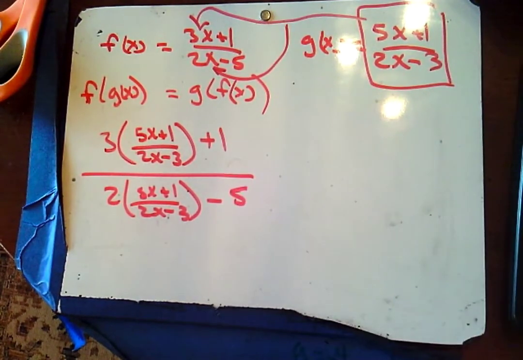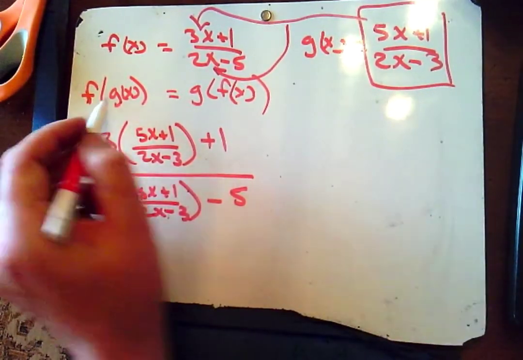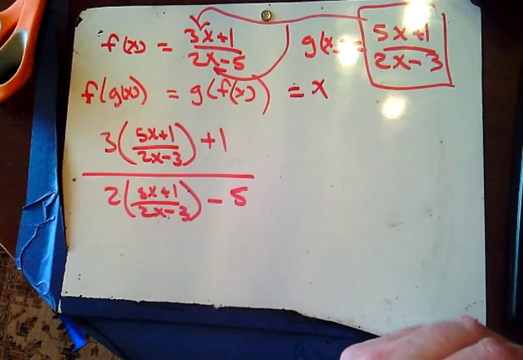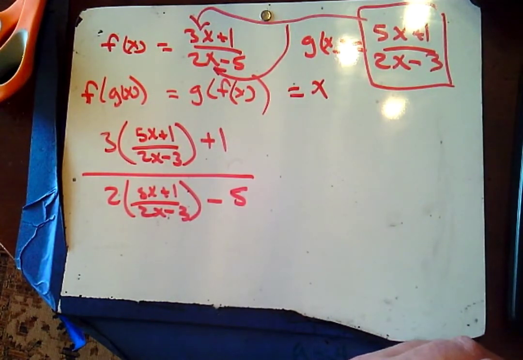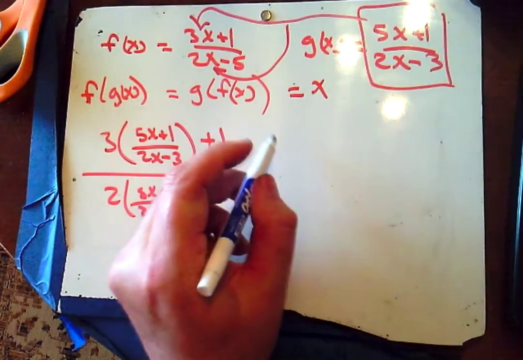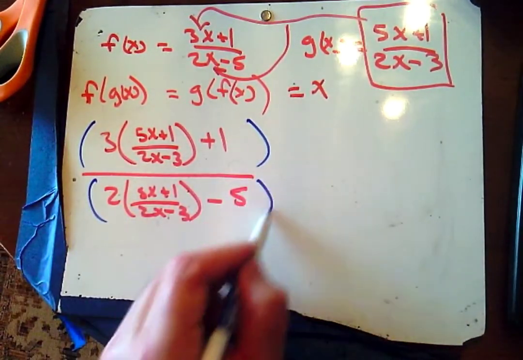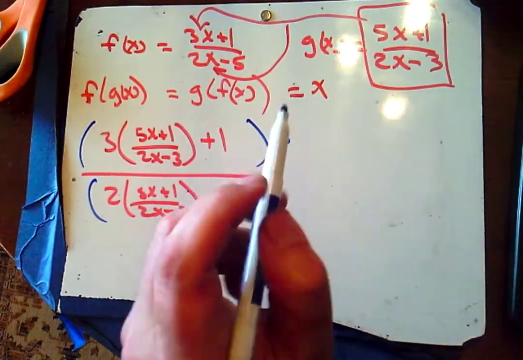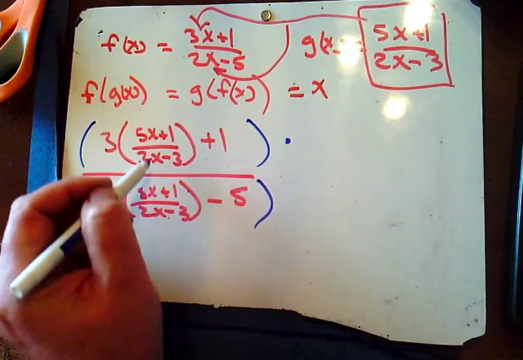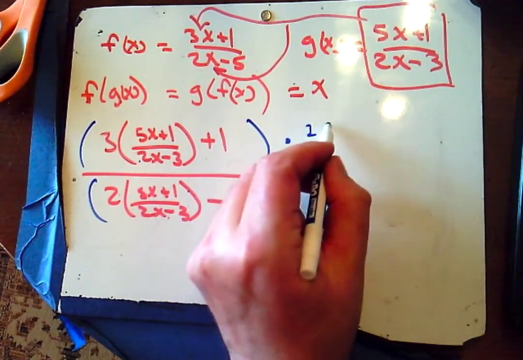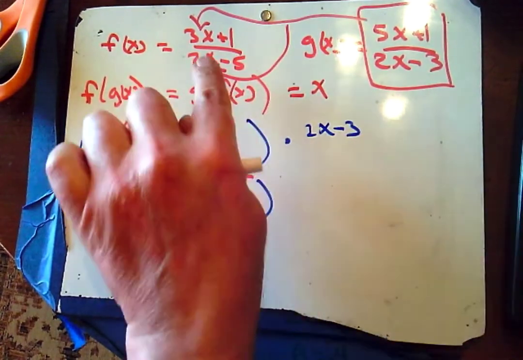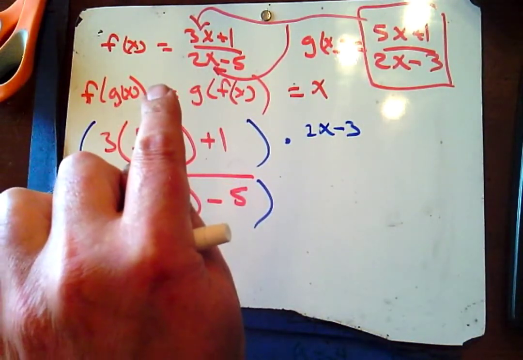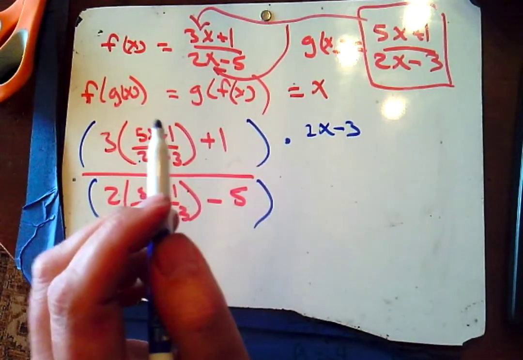Now, if these really are inverses, then we know when we do the composition we should get x. There's another easier algebraic way to approach this, and that's about taking this fraction and multiplying by this common denominator. I have it on top and bottom, 2x minus 3. Do I have it? Yes, this is the same common denominator.